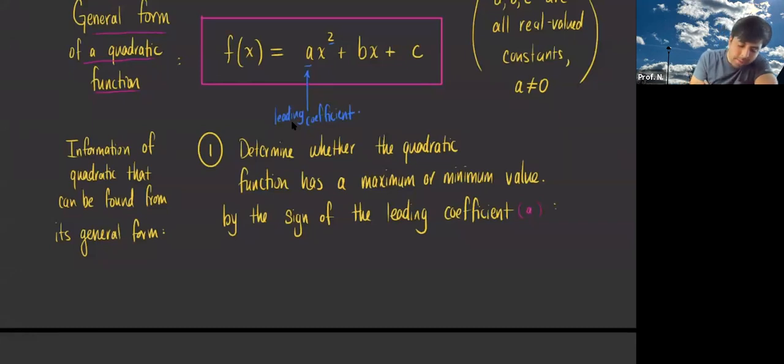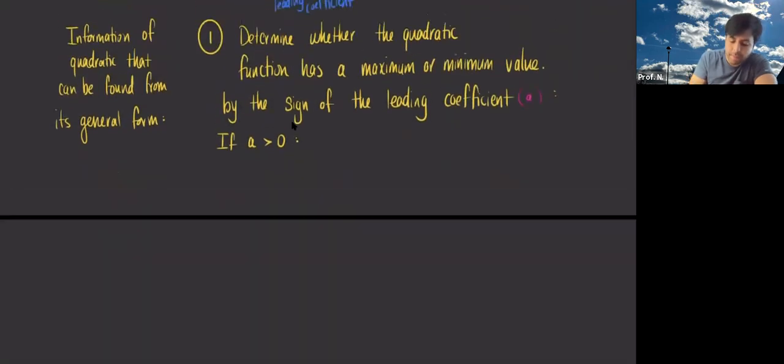What do I have is the following. If a is positive, then what am I going to have? If I have a positive a value, then when I graph my function, I'm going to have something that looks like this. If a is positive.